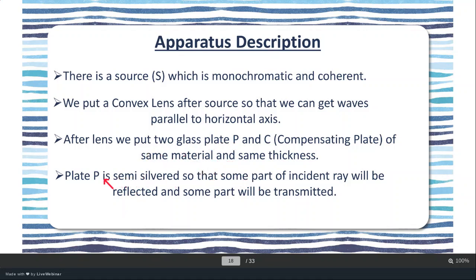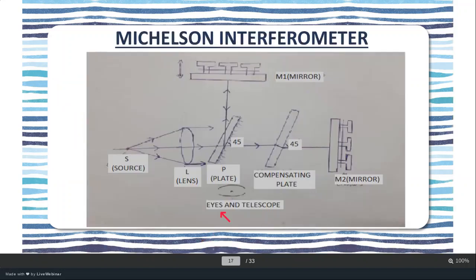Plate P is semi-silvered, so that some of the incident ray will be reflected and some part will be transmitted.